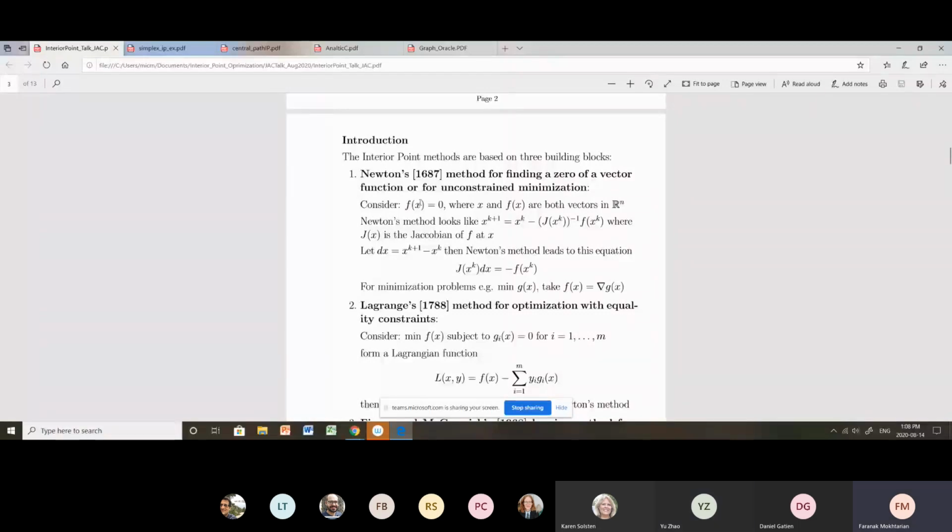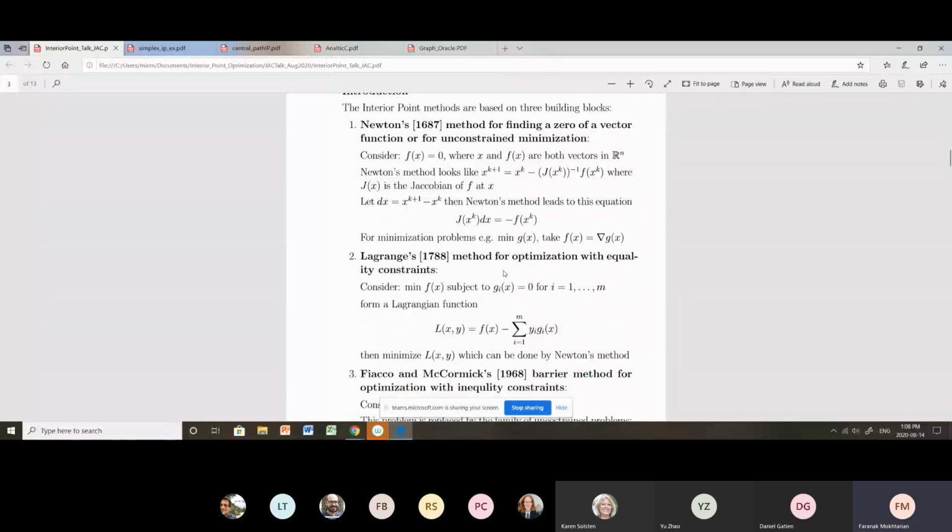So when we want to find a zero of that, we use Newton's method, which is an iterative method and uses the Jacobian of this transformation. And it's usually written in this format: Jacobian of s_k dx is the Newton step, and minus the value of the transformation at the current iterate.